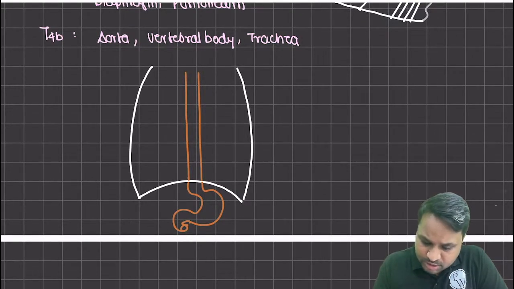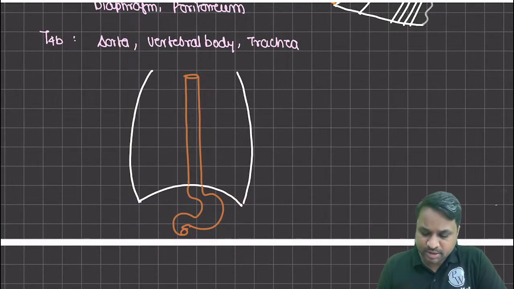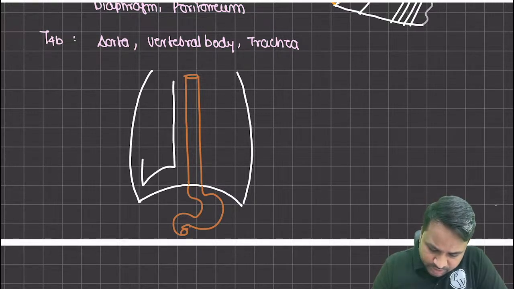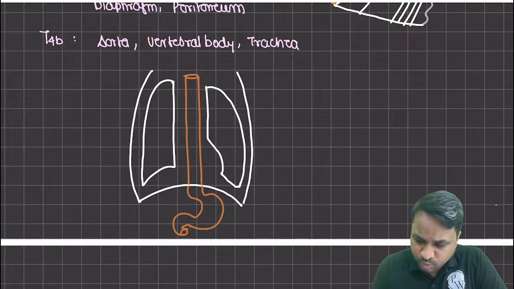Now, what are the structures that you're going to look across here? The important structures that you need to note in general is obviously the presence of lungs, so I'm just going to depict the lungs which are present here. I'm depicting that as pleura.